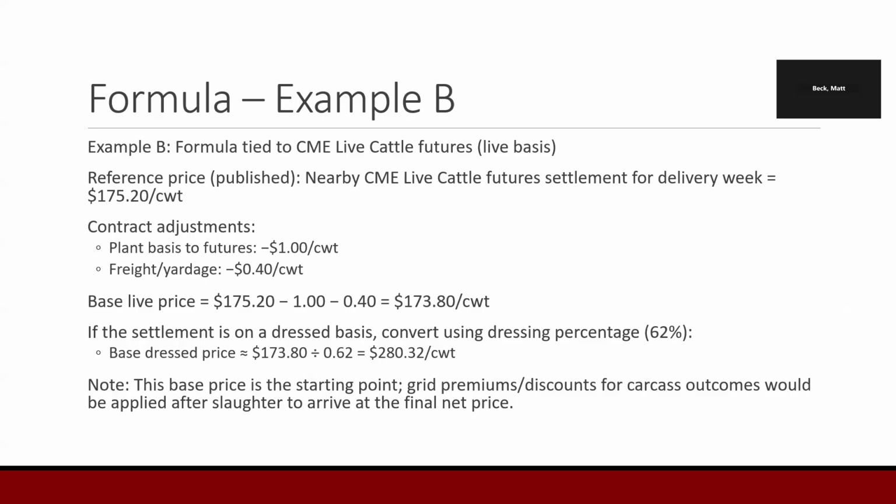There will be a question where you'll have to use this. I may give you the price on a carcass basis, but I make you calculate value of gain, and that needs to be done on a live basis. Does that make sense? So this dressed basis, carcass basis, is $280.32 per hundredweight.